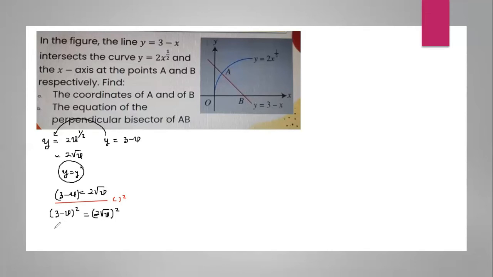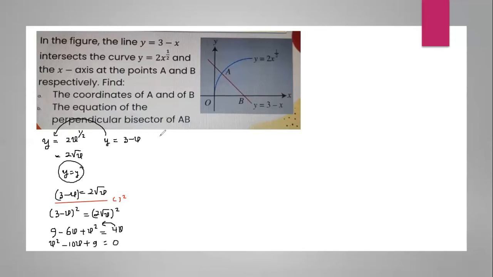This is 9 minus 6x plus x squared equals 4x, correct? 2 squared is 4, root x squared is x, and then move to the left side. So it will be x squared minus 10x plus 9 equals 0.